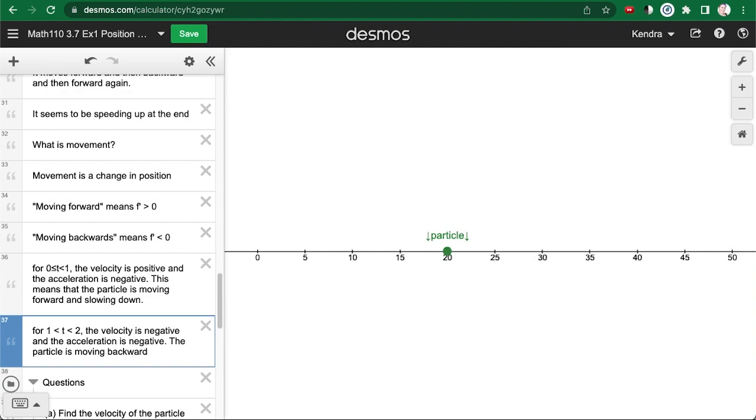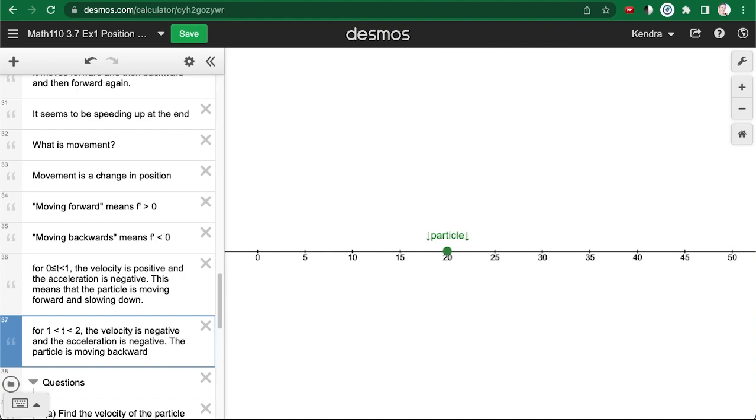And since the velocity is negative, and the acceleration is negative, that means the velocity is decreasing. And if you have a negative function that is decreasing, then it is getting farther away from 0. So it's becoming bigger negative numbers, right?